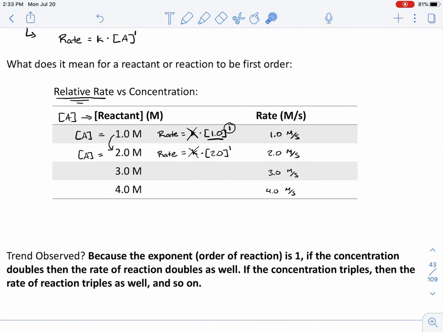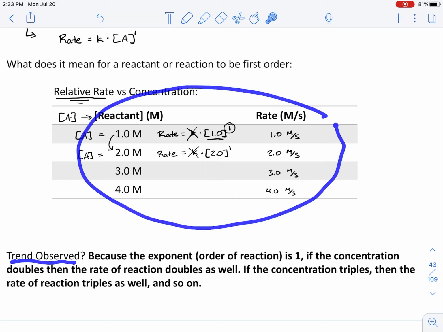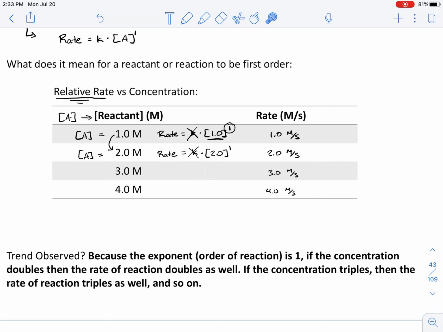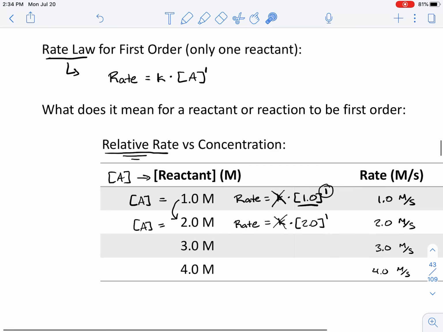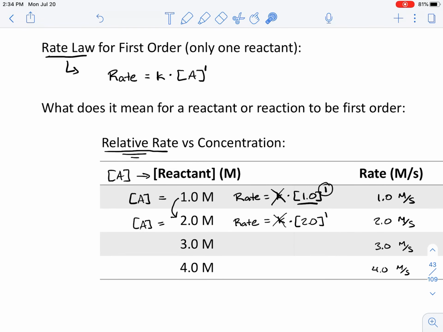Basically, this trend that we're observing from comparing the concentration of reactant A to the rate of reaction is pretty linear, it's pretty simple. If the concentration doubles, then the rate of reaction doubles. If the concentration triples, then the rate of reaction triples, and so on. Cool. And that's basically what it means for a chemical reaction to undergo first order kinetics.